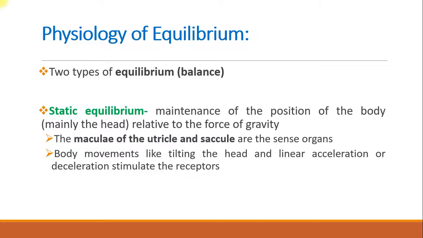They are present in the vestibular part of the inner ear. Body movements like tilting the head and linear acceleration or deceleration stimulate the receptors present in the maculae of the utricle and saccule. The singular of maculae is macula, and maculae is the plural.